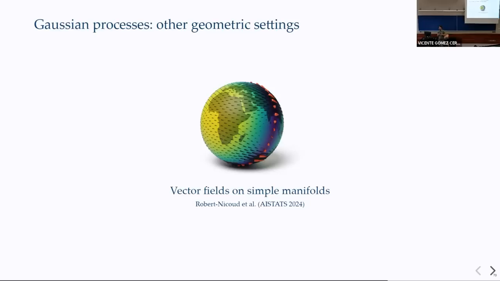And phenomena that only happen for vector fields, like, for example, the hairy ball theorem that says that every vector field on top of the sphere will have a whirl. And this is something that very naturally can be used for modeling wind velocities, for instance.